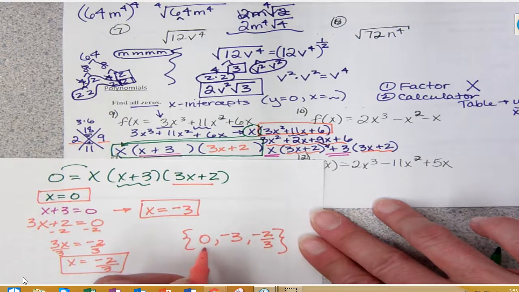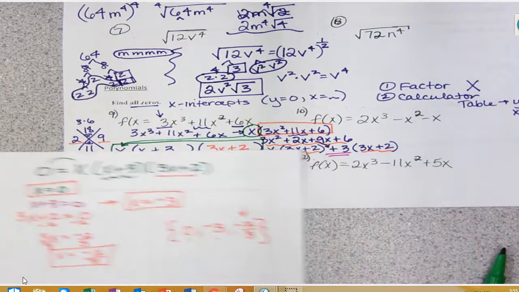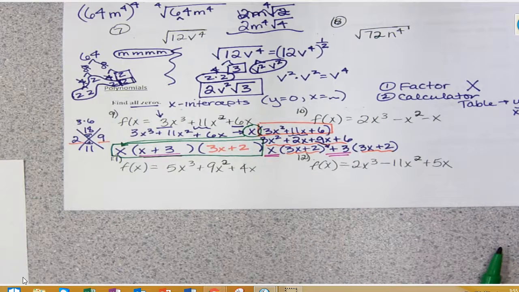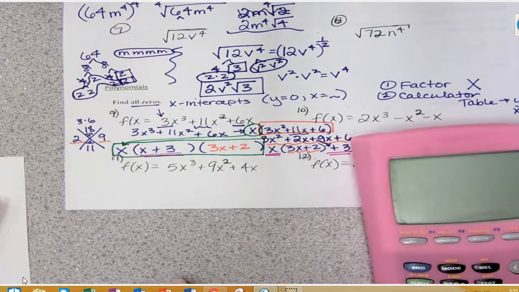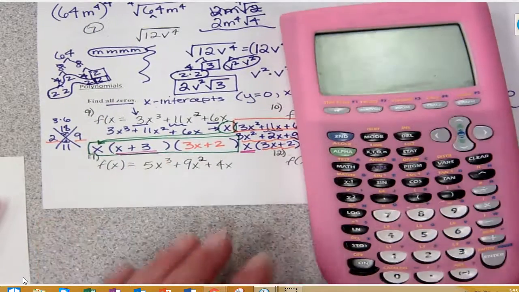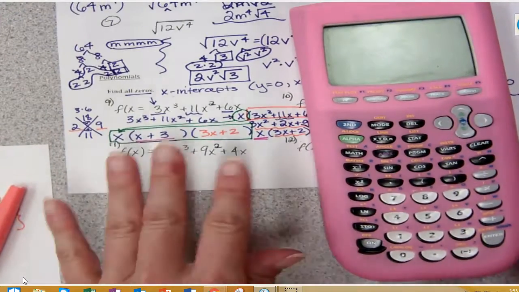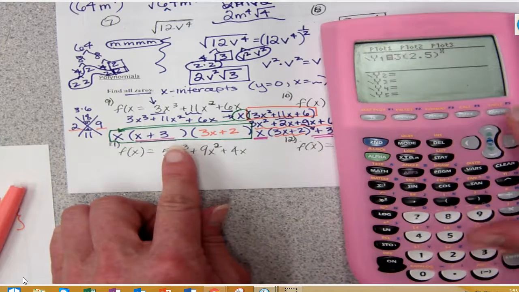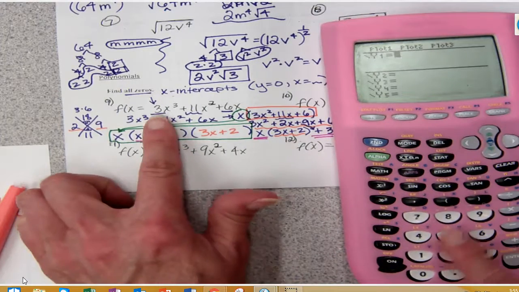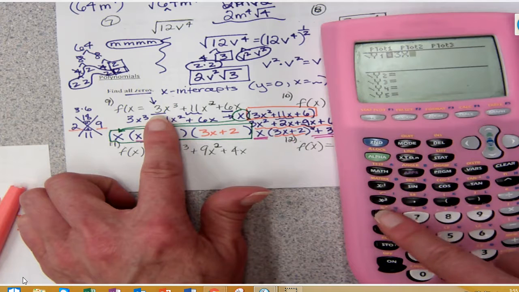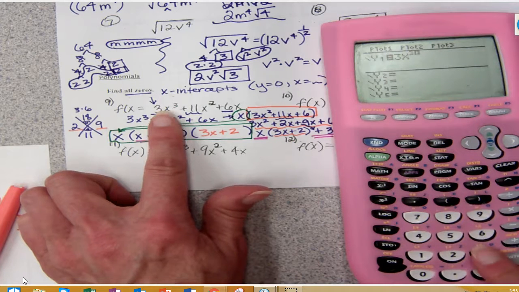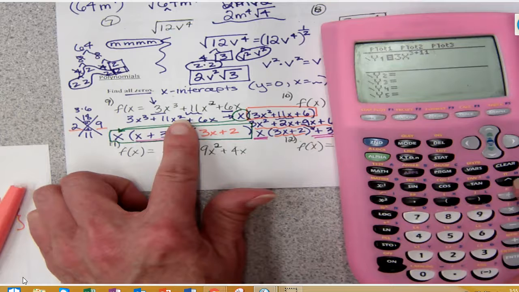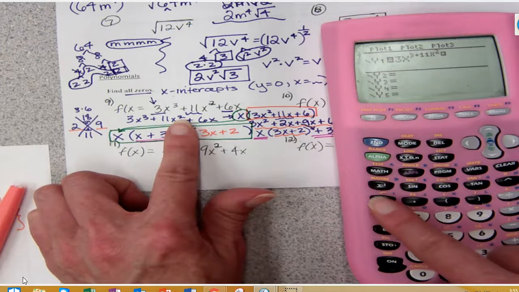Now, these two should show up in the calculator. This one will be a little bit harder to find. So let's plug that into the calculator and see how we can look it up in the calculator. So you need to take your calculator and you plug in to your y equals 3x to the 3rd power plus 11x squared.